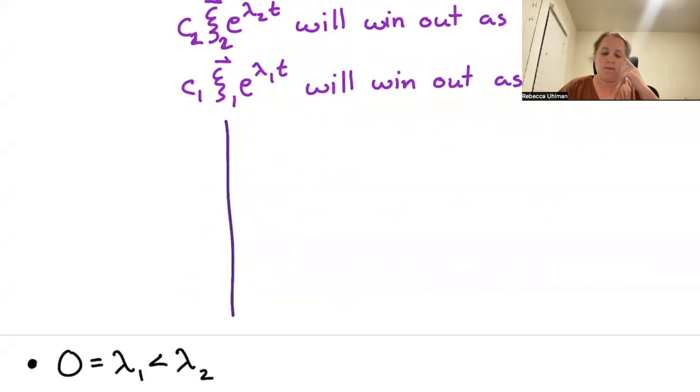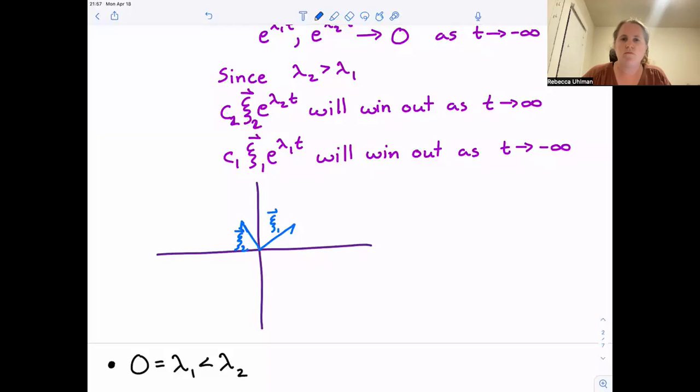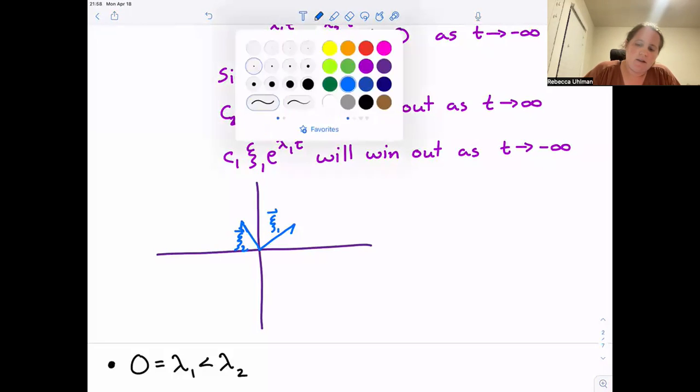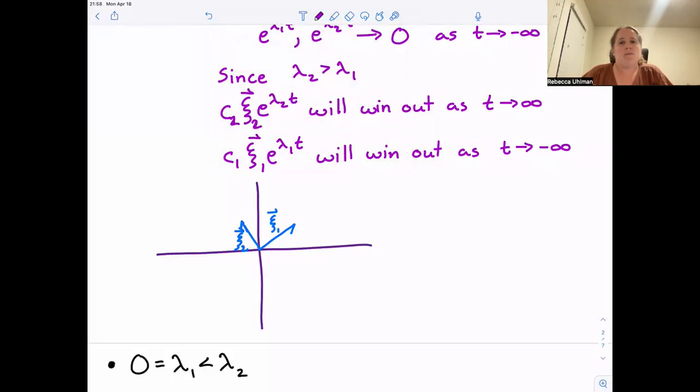Try this format. So we have our Xi1 and Xi2 representative vectors. Again, as we go backwards in time, we'll head towards the origin and we'll be following the C1 Xi1 e to the lambda 1t.